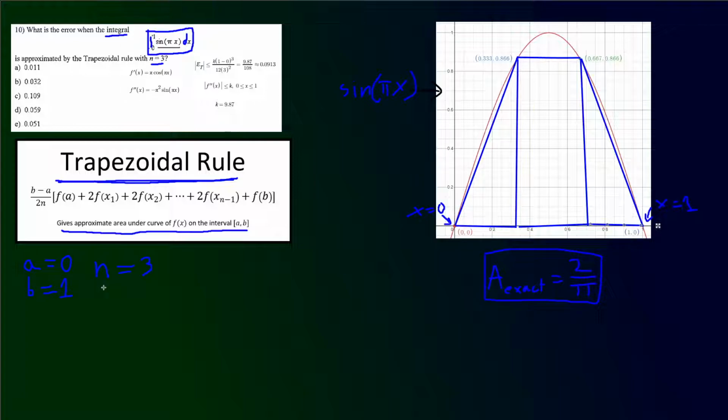Okay, so we can get the approximate trapezoidal area. So basically what we're missing when we do this, if you look closely, is this area up here.